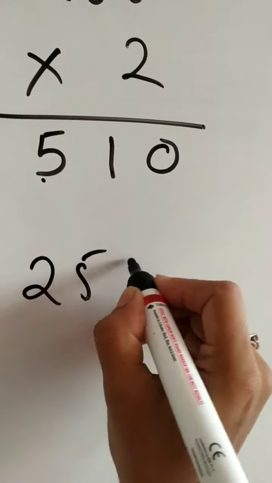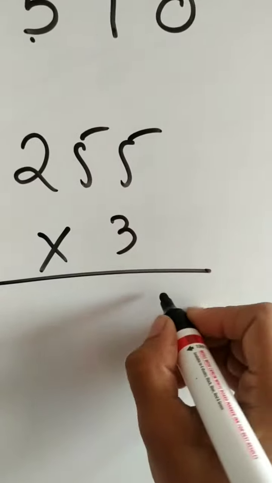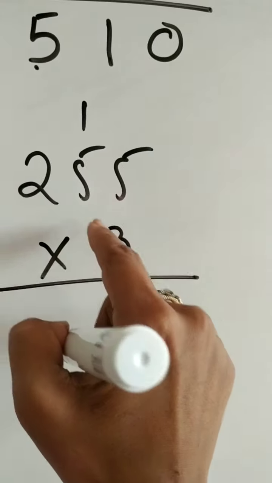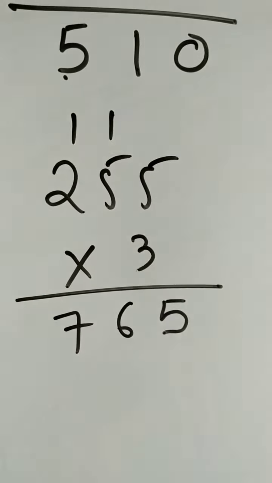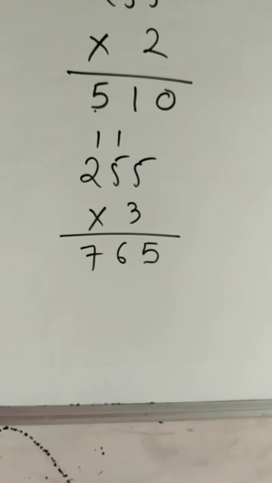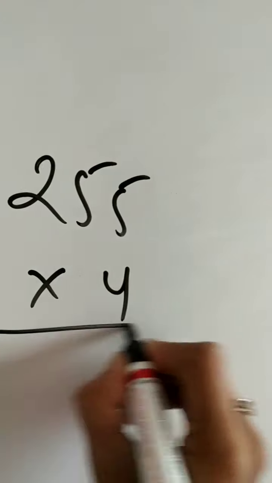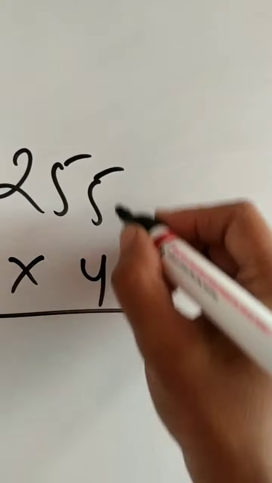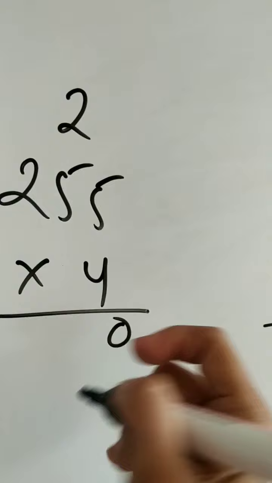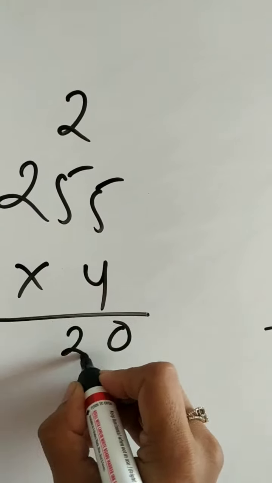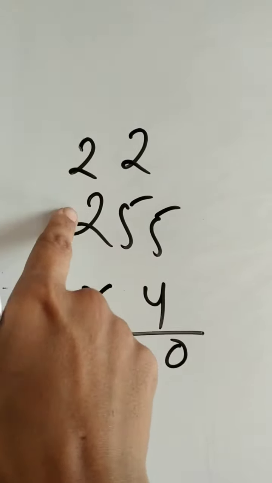Again we will check 255 3s. 5 3s are 15, plus 1 is 16. 3 2s are 6 plus 1 is 7. Here we got 765. Again we will check with 255 multiplied by 4. 4 5s are 20, plus 2 is 22. 4 2s are 8, 9 and 10.